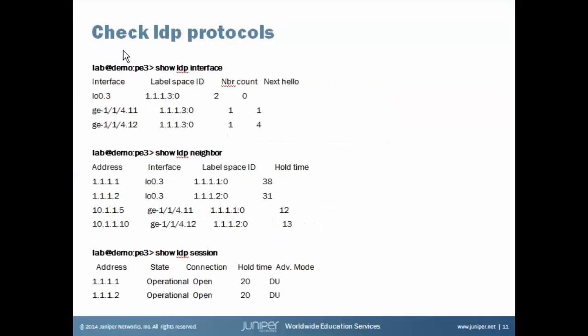You can see the OSPF neighbor IDs have already been exchanged in the Full state. And we can check the LDP protocol, show ldp interface. We can see the loopback is already enabled, and ge-1/1/4.11 and ge-1/1/4.12 are the interfaces facing PE1 and PE2. After that, we can run show ldp neighbor, which is already established through ge-1/1/4.11 and ge-1/1/4.12 to PE1 and PE2, and also using the loopback.